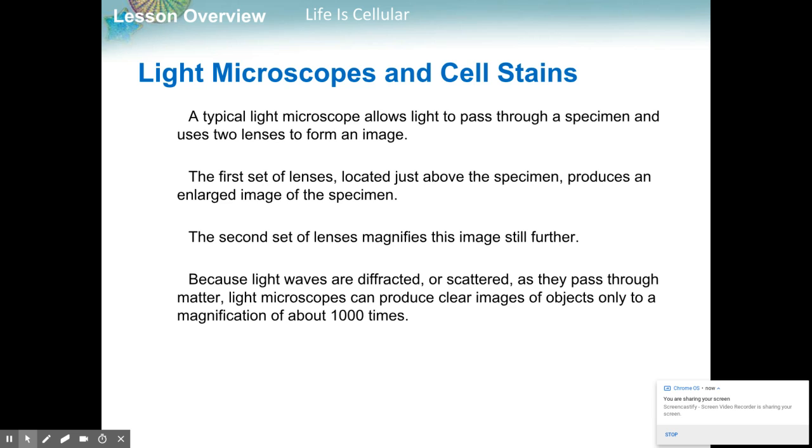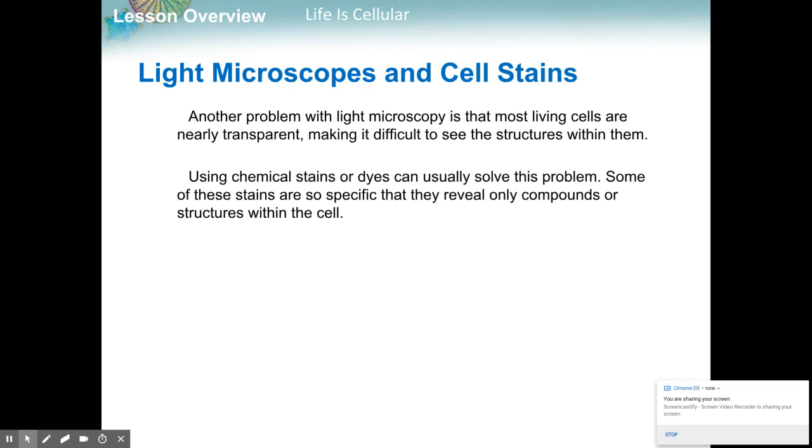Now, that may seem like a lot, but we have to remember cells are incredibly small. We can see individual cells, but we really struggle to see the individual organelles, and that's when different types of microscopes come in that we'll talk about in a second. Another problem with light microscopy is that most living cells are nearly transparent. So it's really hard to see them, and we actually have to stain them. If you go to a hospital lab like the one I work in, we routinely stain cells all the time.